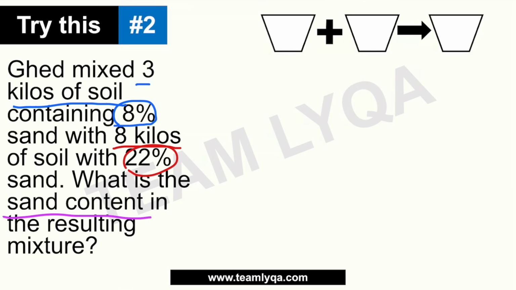So, ibig sabihin, percentage pa rin ang nawawala. Now, pipila na natin sa buckets natin. You have 3 kilos. Tapos, siya ay 8%. Ihahalo natin siya sa 22% na 8 kilos. Tapos, ang kalalabasan niya, hindi natin alam yung percentage, pero alam natin, kung ito ay 3, ito ay 8, at pinagsama ko sila, yan ay 11 kilos.